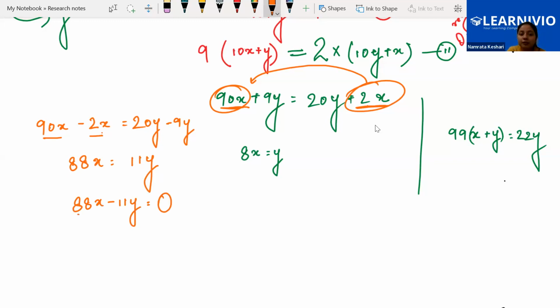Can you tell me, Harshit, what can be taken as a common factor from these two terms?